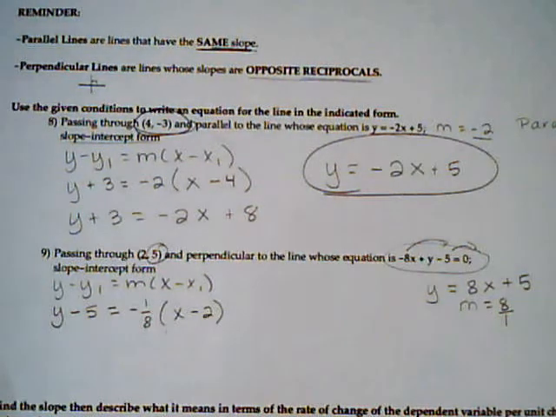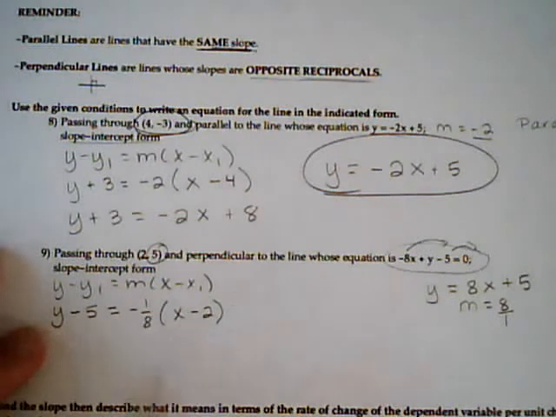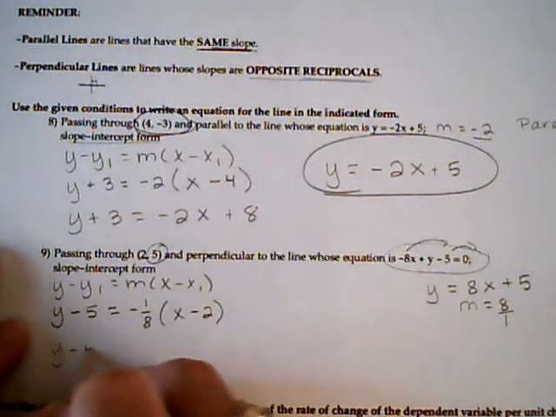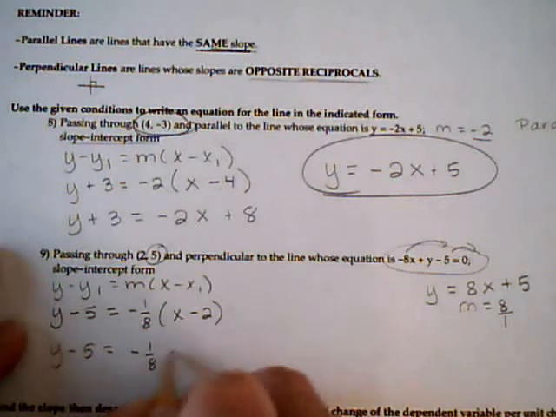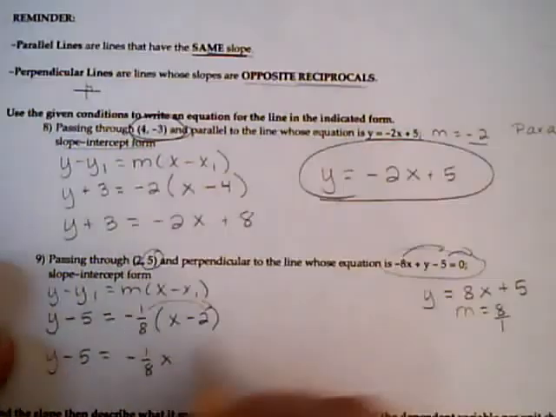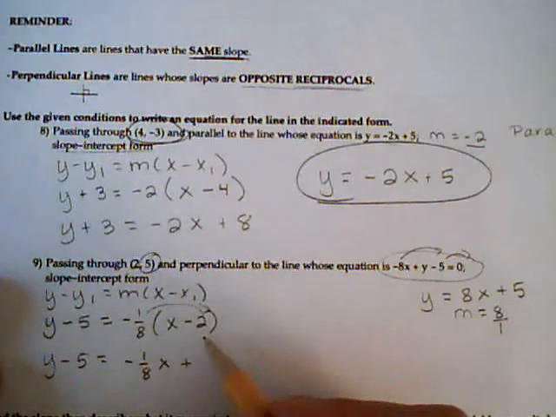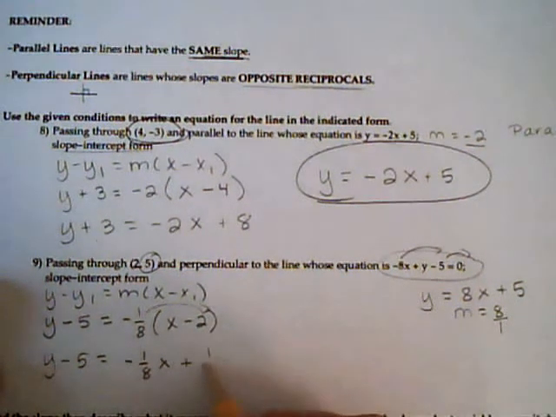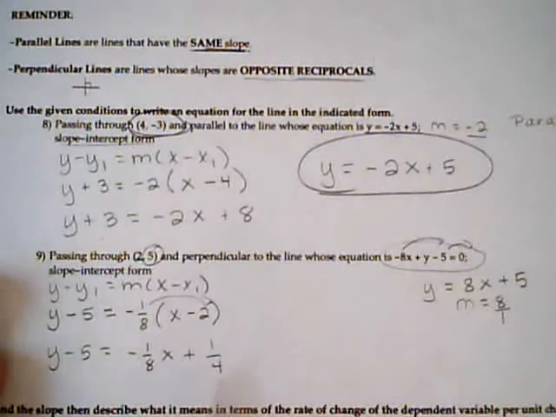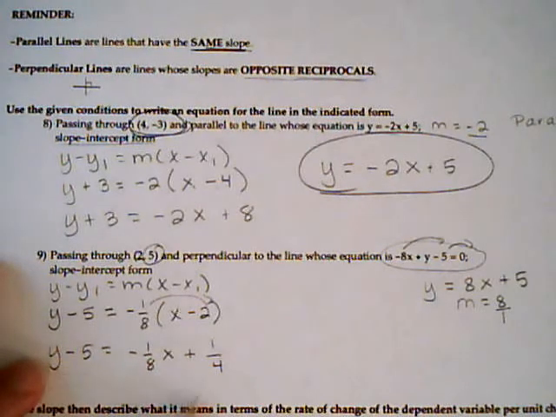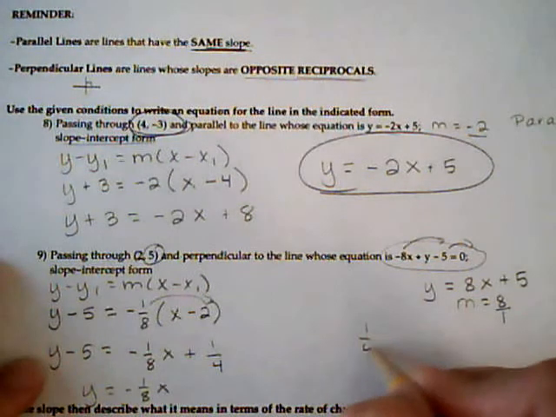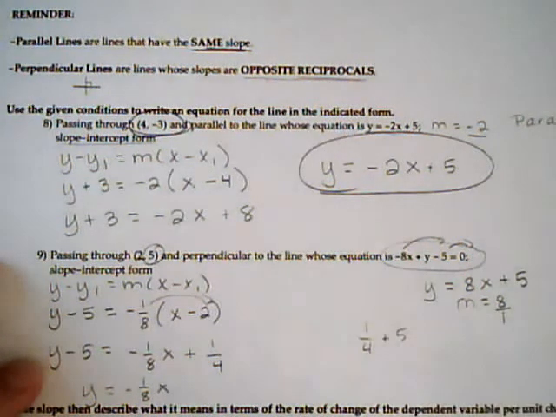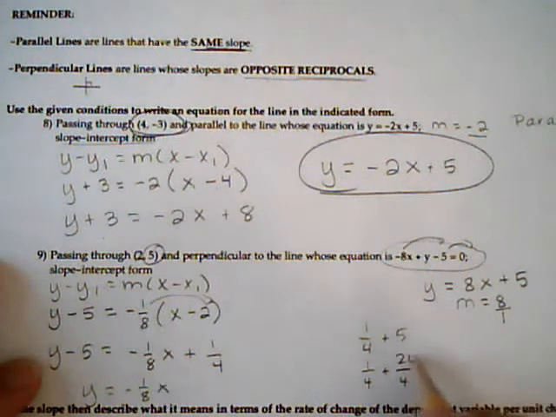Then I want to simplify to write the equation in slope intercept form. So y minus 5 equals -1/8x. When I distribute here, this would be a positive 2/8, but that's going to reduce to 1/4. So you can go ahead and reduce. Add 5, so I would have y equals -1/8x. If I have 1/4 plus 5, let's do a little fraction lesson. 1/4 plus 20/4, right?